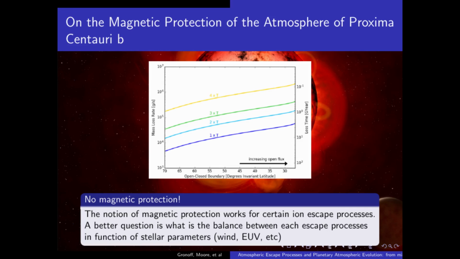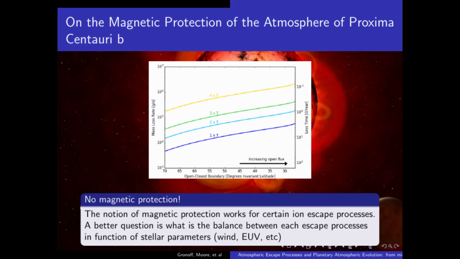The different lines correspond to the different thermospheric temperature of the planet, and in the x-axis you look at basically the opening of the magnetic field line of the planet in function of the pressure by the solar wind. So the more pressure you have from the solar wind, the more you are opening the magnetic field, and you have open magnetic field lines down and down in latitude.